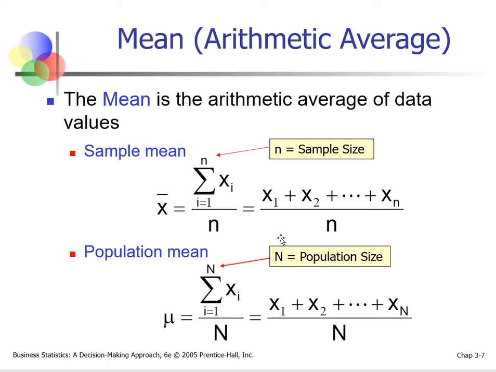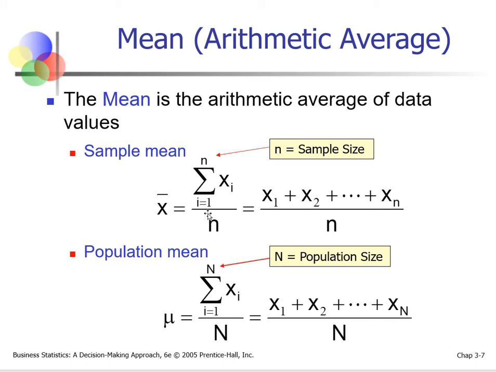So, again, take note that the symbol for sample is different from the symbol for population, but basically the formula is the same. So, when your data set is a sample, make sure that your variables are small letter x and small letter n.